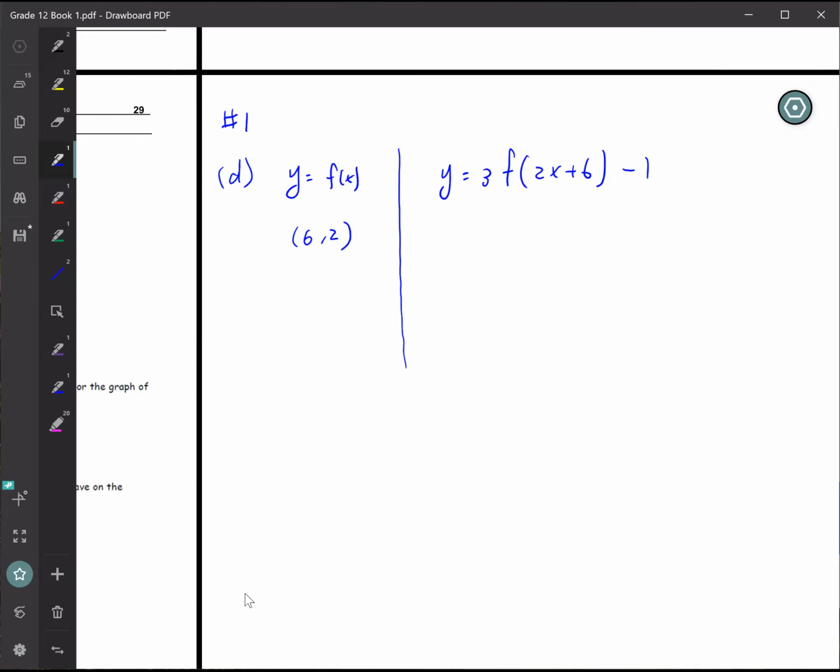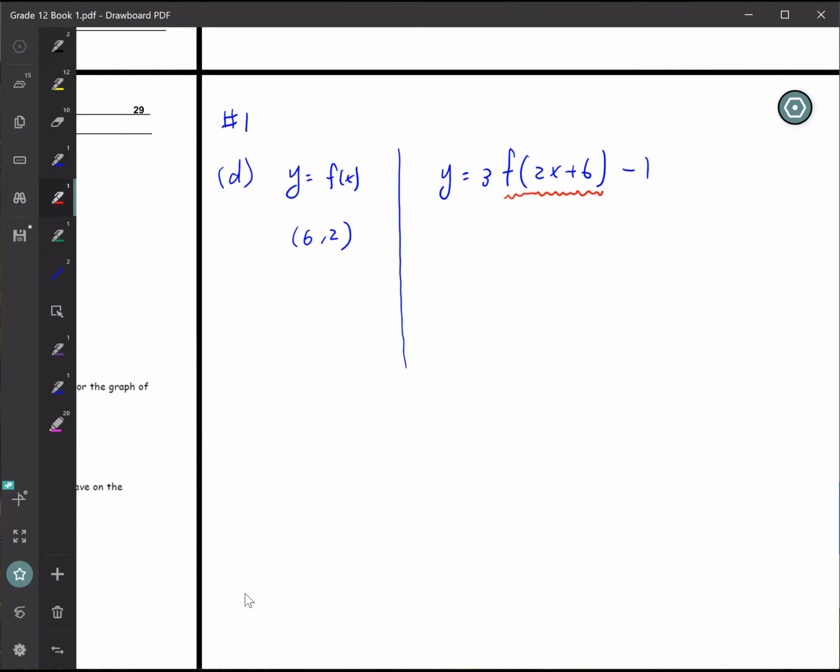You have to isolate x. What do you mean, isolate the x? You have to get rid of all the extra things on the right side. That's right. The extra things is everything except this red part.